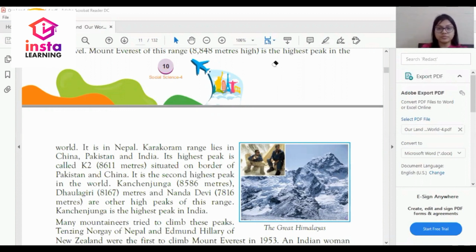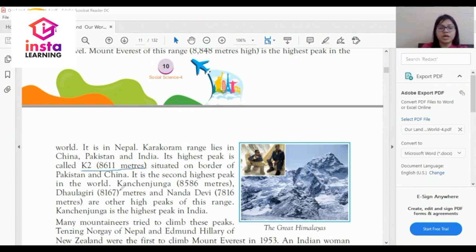So dear student, the next one is Kanchenjunga. Which is the second highest peak in the world? That is K2.